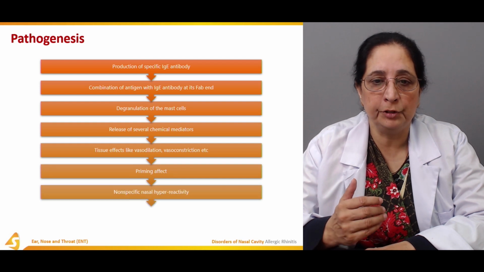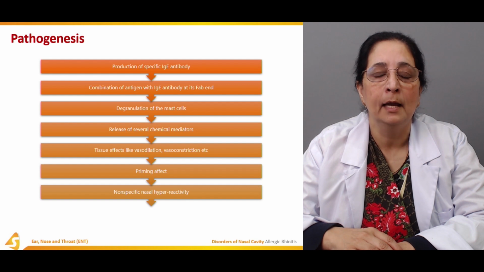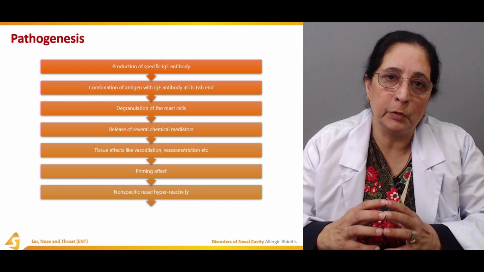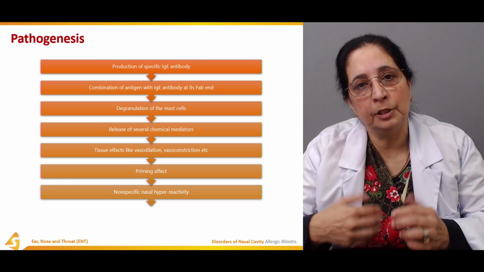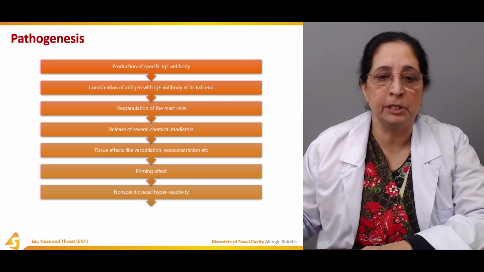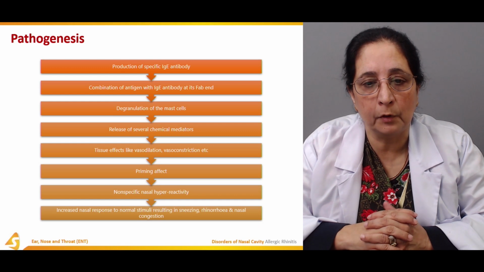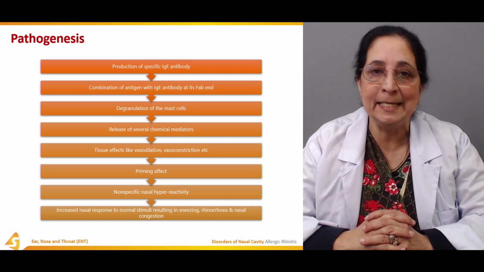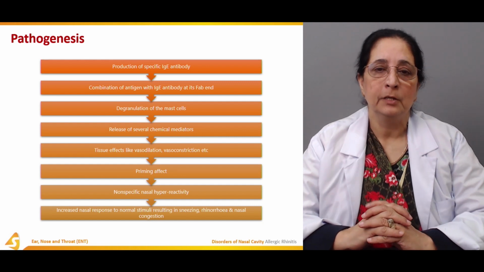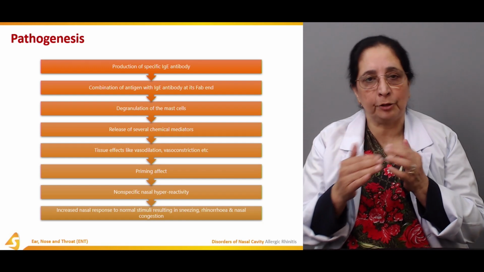Priming effect: usually what occurs is non-specific nasal hyperreactivity. So as a result of vasoconstriction and vasodilatation, there is nasal hyperreactivity, and this causes increased nasal response to stimuli, causing sneezing, rhinorrhoea, and nasal congestion. So that's how this whole process occurs, and that's the pathogenesis.